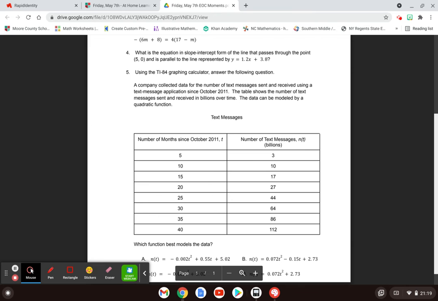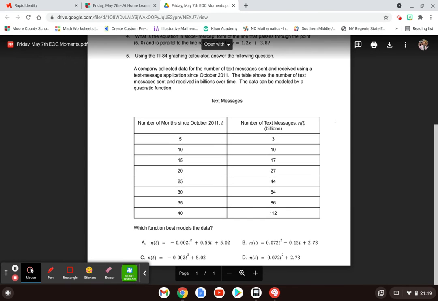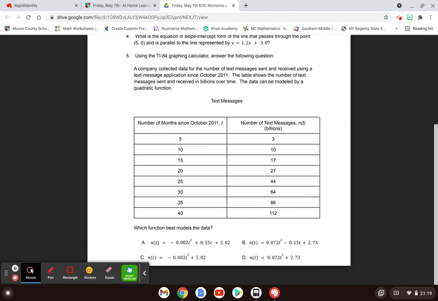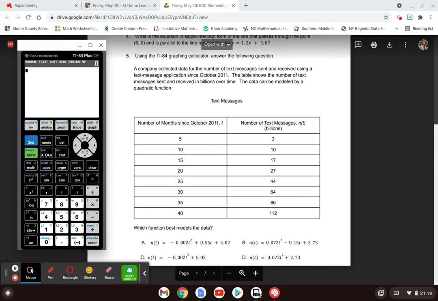All right. So for number 5, okay, number 5 says, using the TI-84 graphing calculator, solve the following question. It says a company collected data for the number of text messages sent and received using a text message application since October 2011.